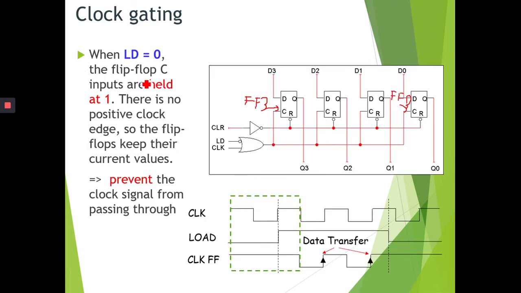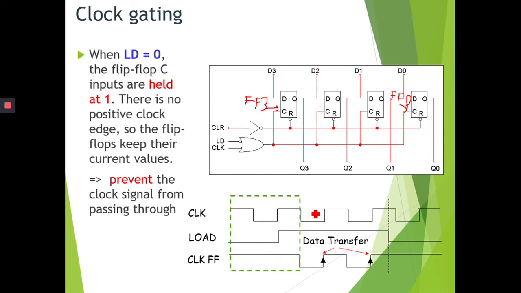Okay, clock gating. This is the same example. Whenever LD is 0, as we have discussed before, the clock input of the flip-flop becomes 1, and no data transfer occurs. Why?